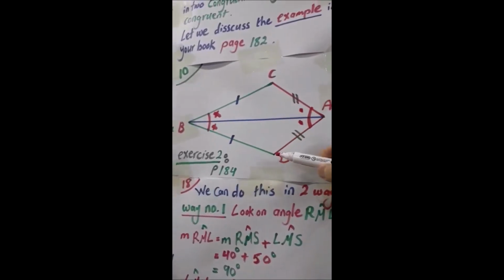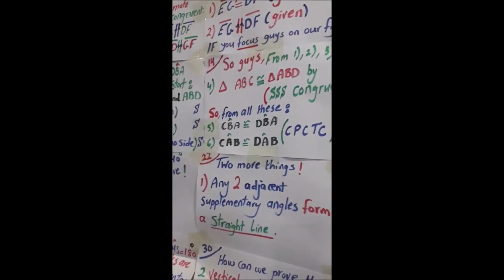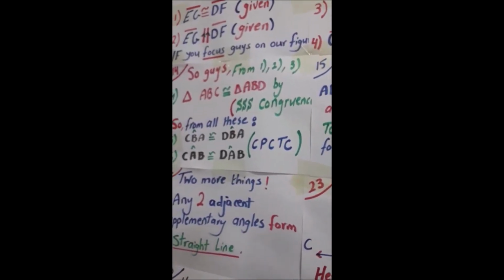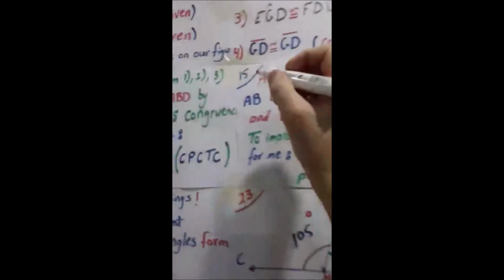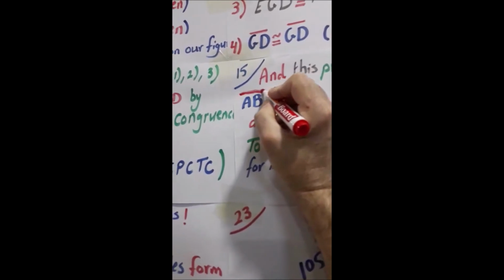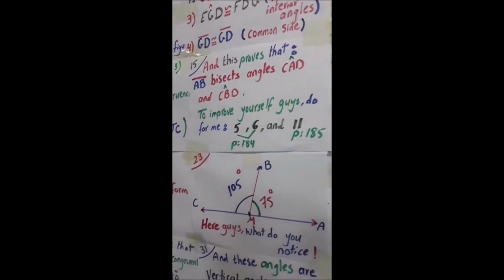And also number 6, CAB and DAB are congruent by using CPCTC. And this proves that the side AB bisects these angles CAD and CBD.